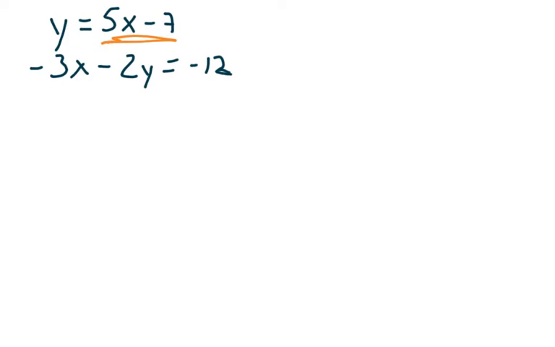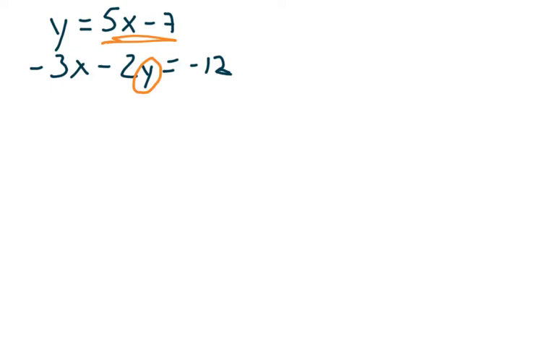So now I go into the equation that I haven't looked at yet, which is the second one, and I say, aha, here is a y. That is the y that I'm going to pull out and replace with 5x minus 7. However, I need to look at the y and make sure that I have the same operations happening. Right now, it's negative 2 times y. So when I pull the y out and replace it with 5x minus 7, I need to preserve that operation, that negative 2 is being multiplied by that entire quantity.